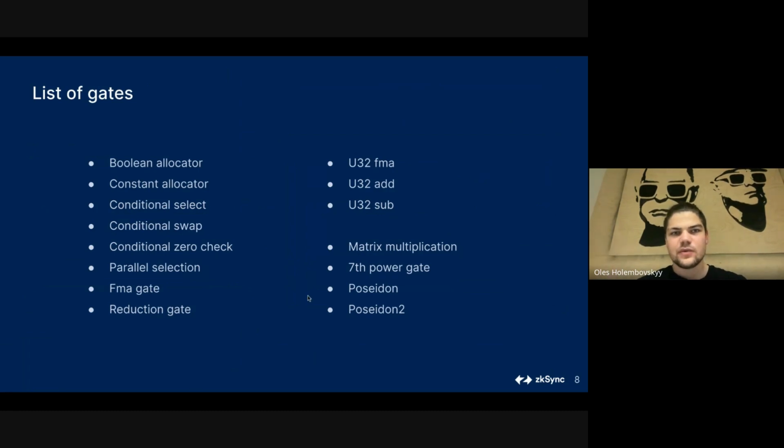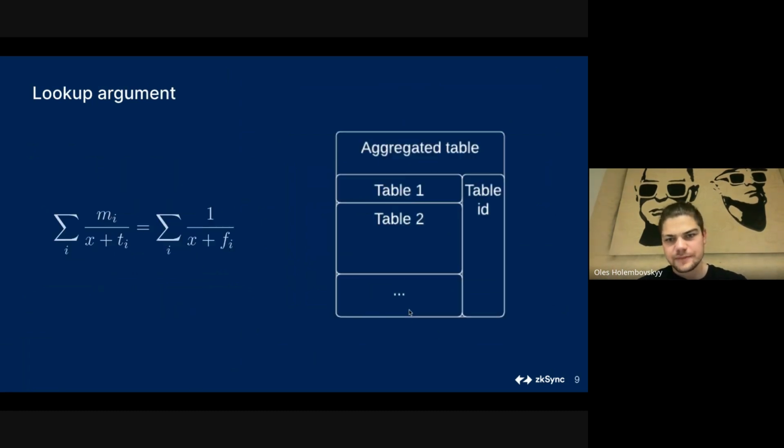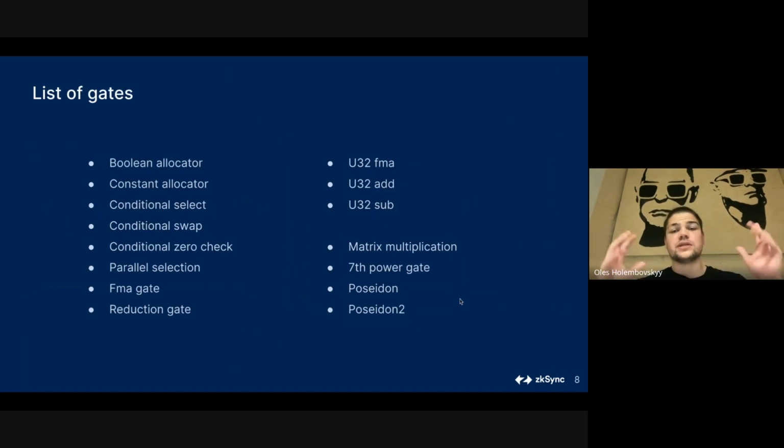Okay, here we have the Poseidon 2 gate. What it does is compute one round function of a hash. You have an input of 12 variables and an output of 12 variables, because that's the configuration of our hash, and then you have a lot of intermediate values.